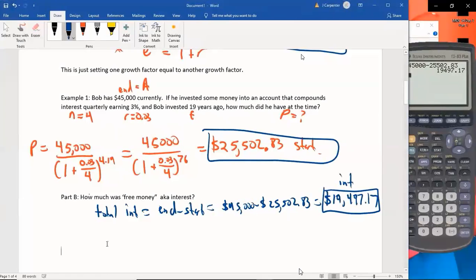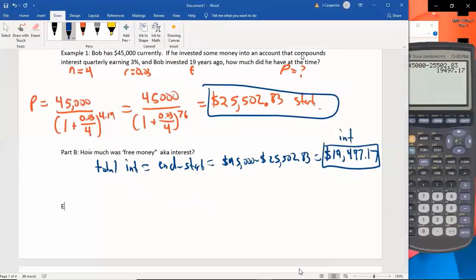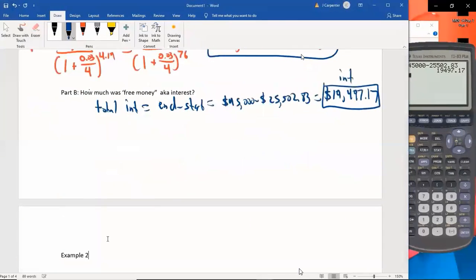All right, let's do another one. Bob invested, let's go with $7,000 to a savings account, earning 1.5%, compounds daily for 3 years.